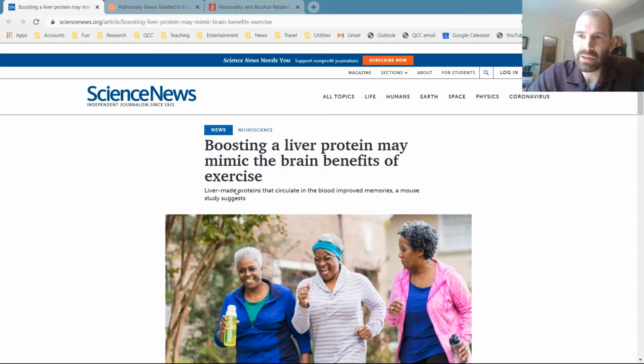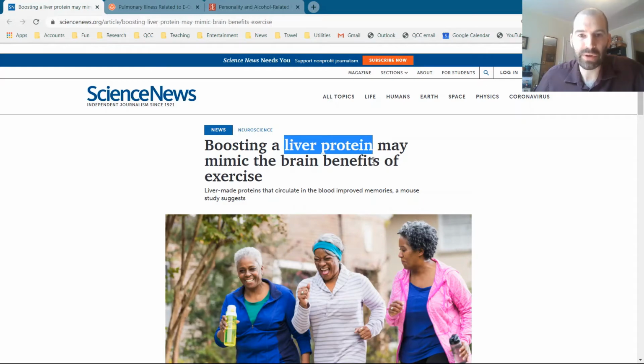Remember, the explanatory variable explains the change, and the response variable responds to that change. So what is explaining the change here? Well, what are we doing? We're boosting a liver protein. So the liver protein is the explanatory variable, and probably the amount of this protein or how much it's excreted.